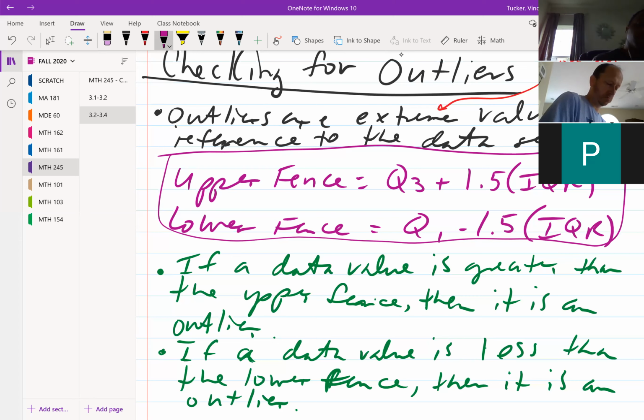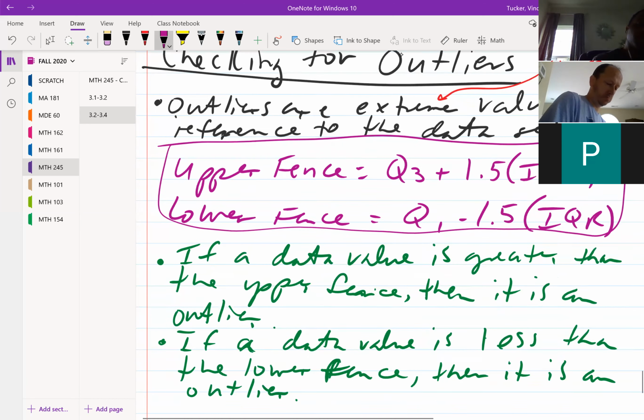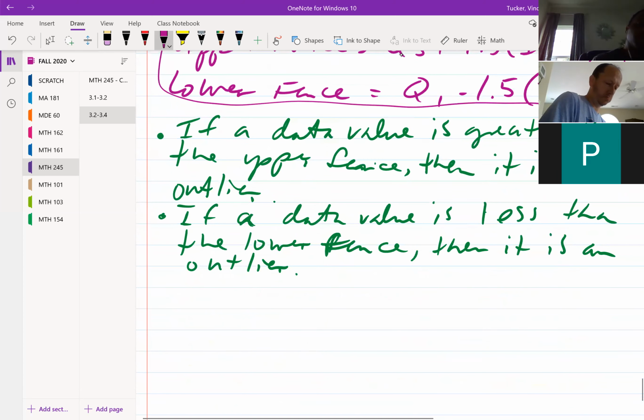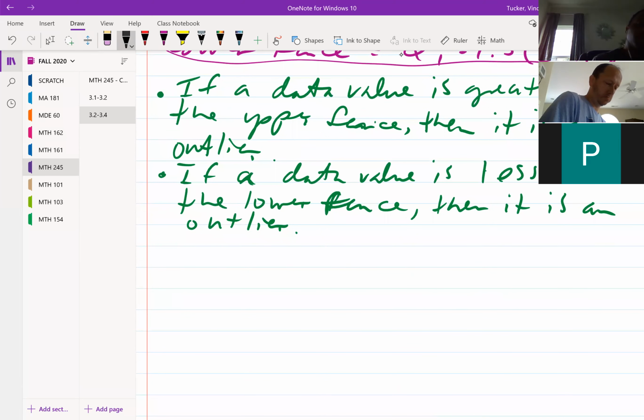All right, so let's do an example that applies all of this. I'm going to go ahead and write this from least to greatest.